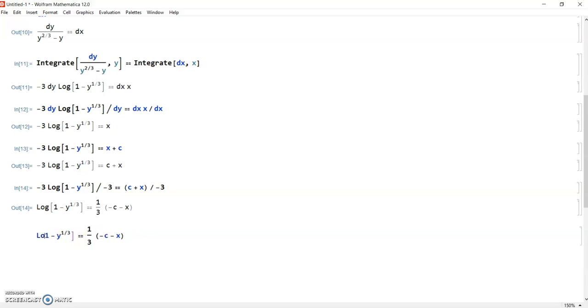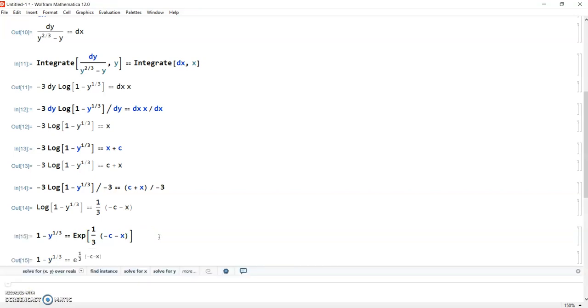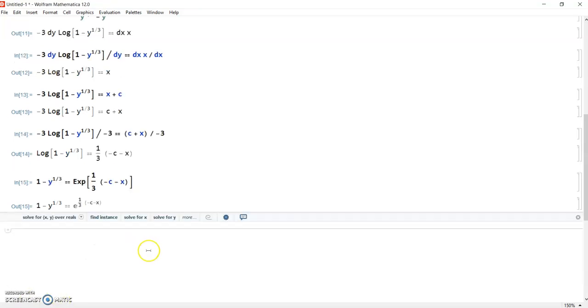By removing the log, it will be 1 minus y power 3. But on this side, there will be the exponent, so I will put the exp function, bracket, and then bracket close. Now I will execute it, and it will be represented like this.